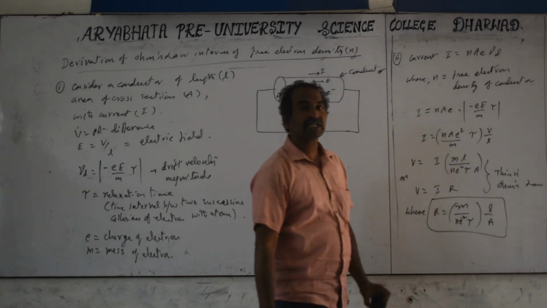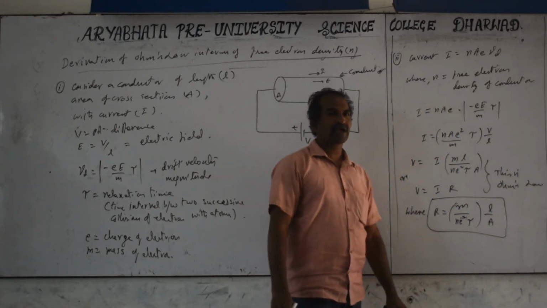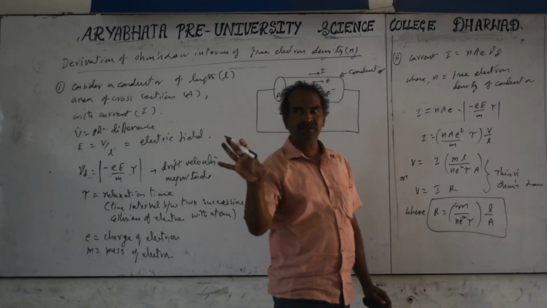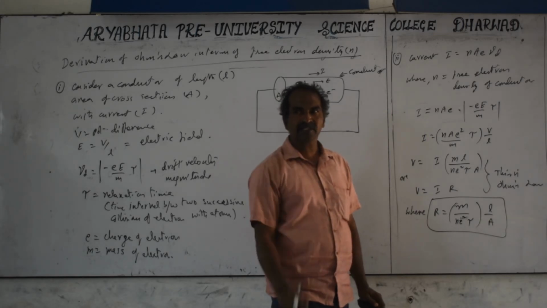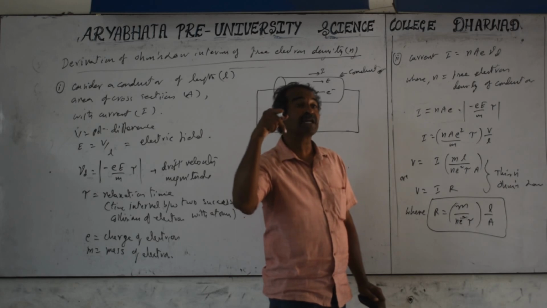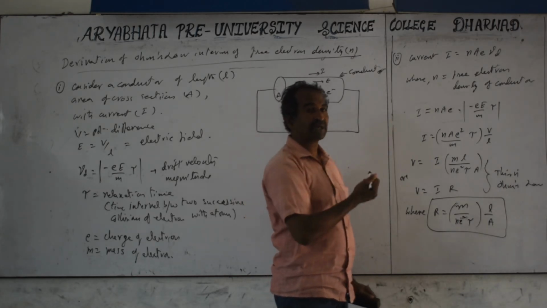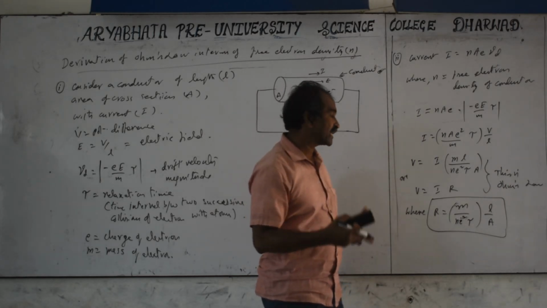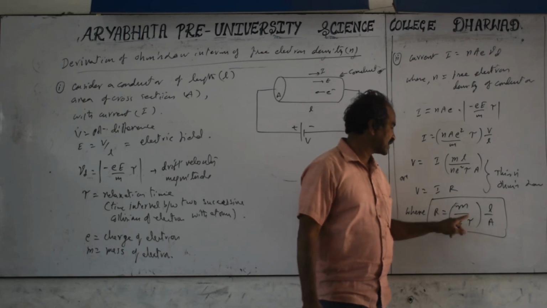It is the microscopic formula of the resistance. The macro formula V equals I R only takes the current and the potential difference applied, and the resistance comes out this much. But your resistance is produced because of what? Collision of the electrons with the vibrating atoms. How is that related for the given conductor? It is related in terms of this relation.